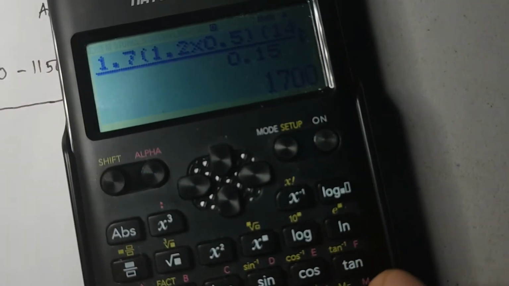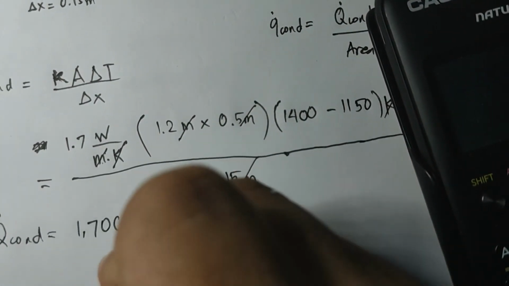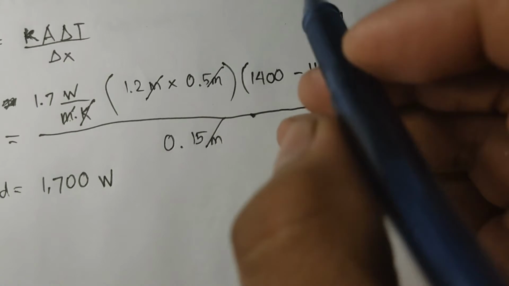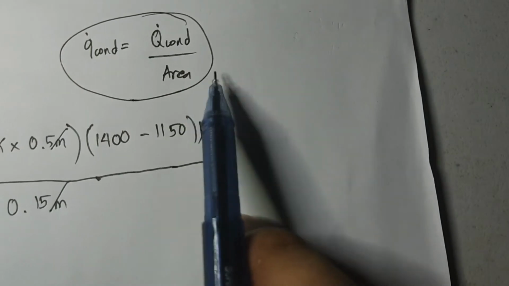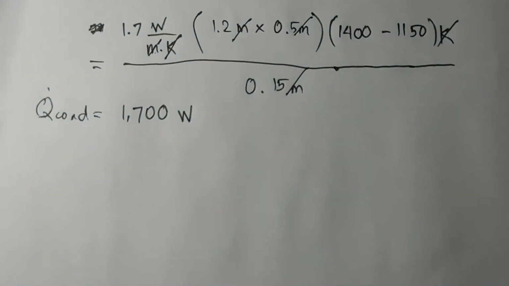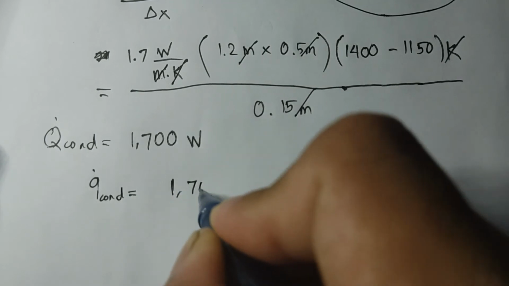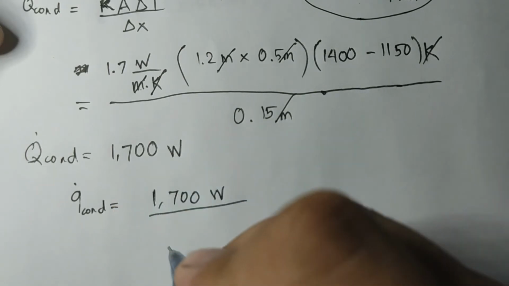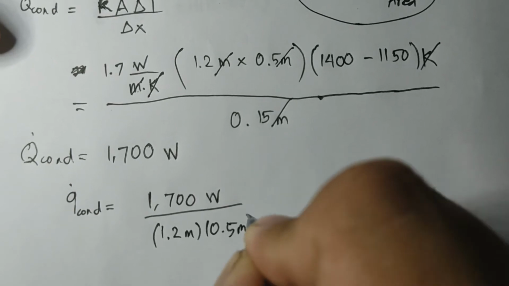So, we have our heat of conduction which is 1,700 watts. Ang tinatanong, yung heat rate ng conduction mo. We all know that the heat rate is equals to Q conduction over the specified area na dinaanan ng iyong init. So, Q conduction, 1,700 watts over area. Ano bang area mo? 1.2 meter by 0.5 meter.